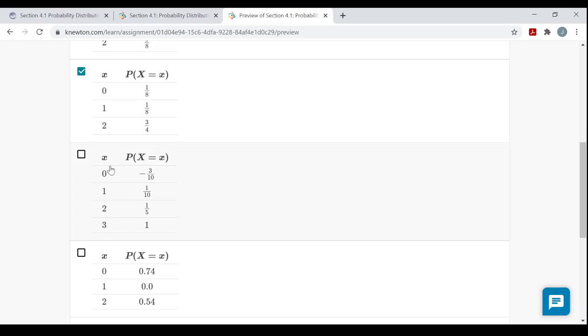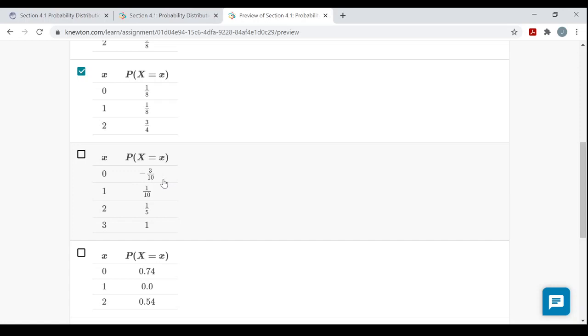All right, here, possible values of x listed, their probabilities, and a couple things wrong. One, negative probability. The probability that x equals 0 is negative. That will never happen. So this is not a valid probability density function.